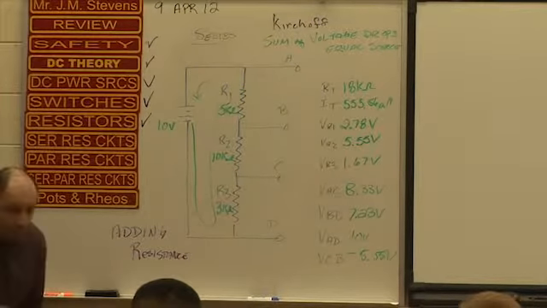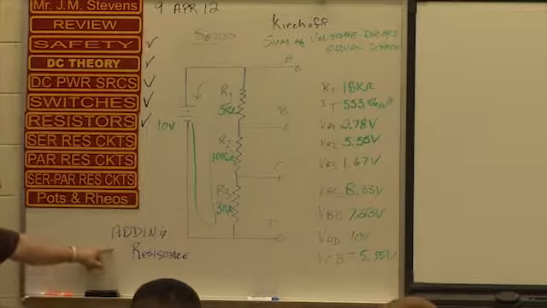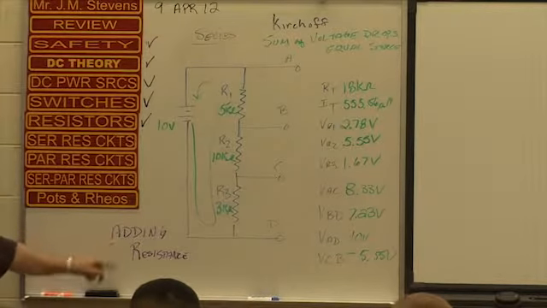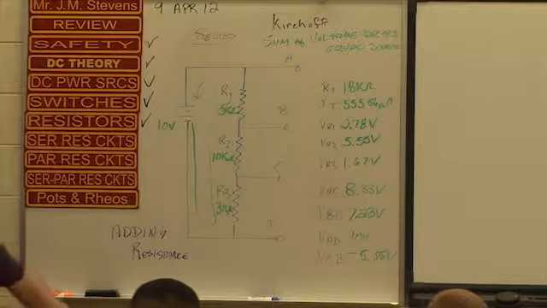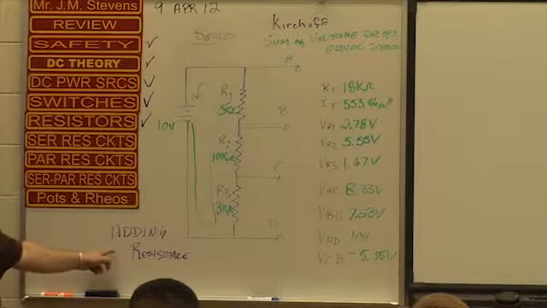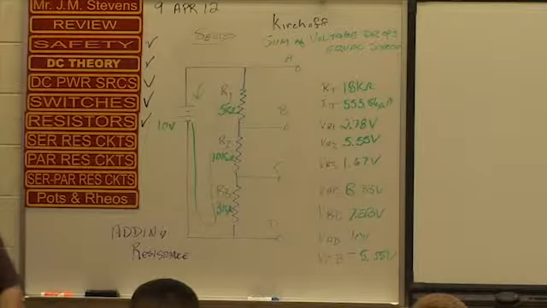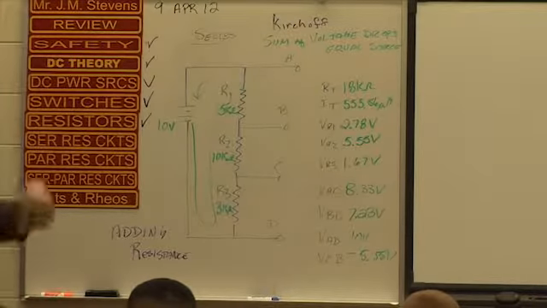Here's the question of the day, though. If I decide to add resistance to this thing, or I'm adding another resistor at the bottom and calling it R4, and I don't change the source, I leave the source alone, and I add resistance, what's that going to do to circuit current? Because we know the relationship between resistance and current is what?